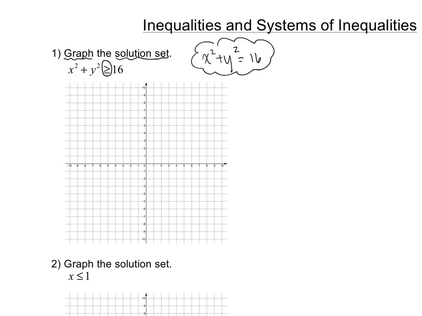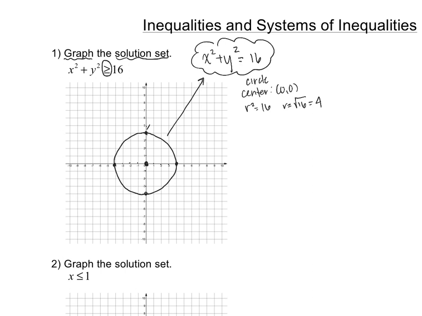In fact, if we graph that, I know that that's a circle with a center at 0, 0, and our radius squared is 16, so r is the square root of 16, which is 4. So if I plot 0, 0, and then I go 1, 2, 3, 4 up, 1, 2, 3, 4 in each direction, and connect those dots, what I'm drawing for you right now is the set of all points that make that equation true.